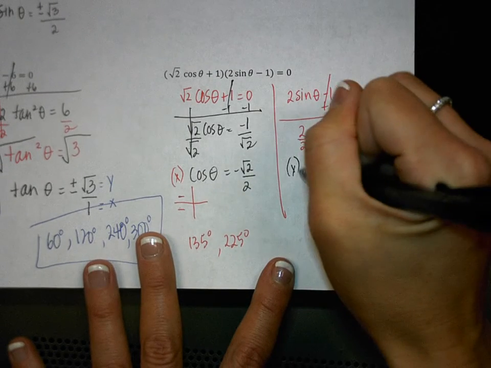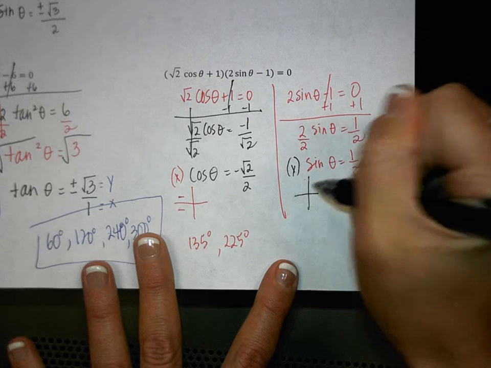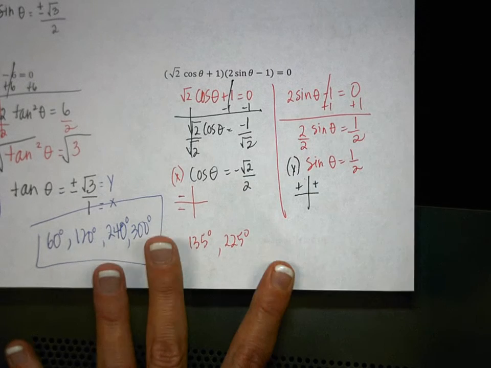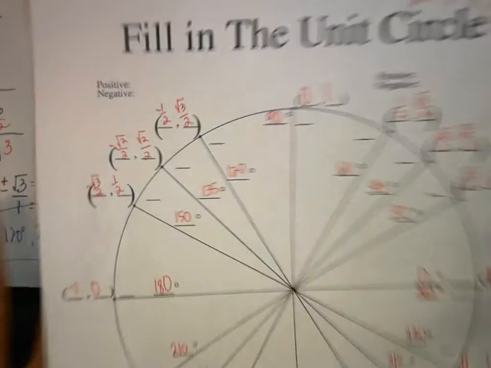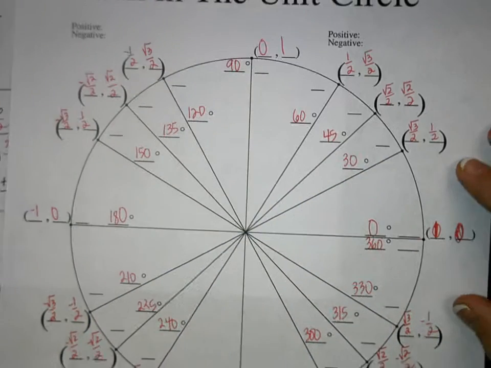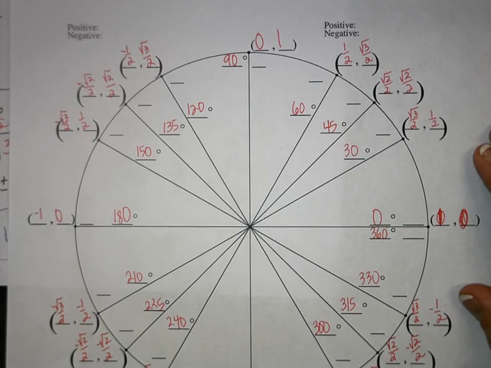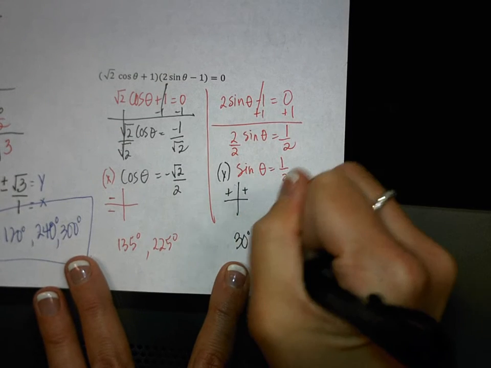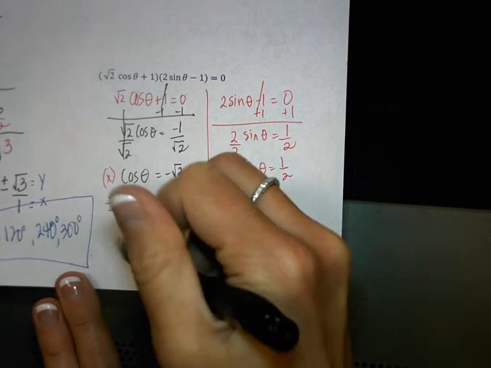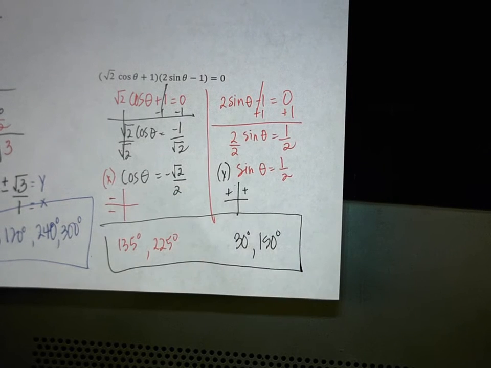Where is y positive? In quadrants 1 and 2. Good. And so we're going to go to quadrants 1 and 2 and look where y is positive 1/2. So what degrees? 30 and 150. Very good. 30 degrees and 150 degrees. And so these are my answers for this problem.